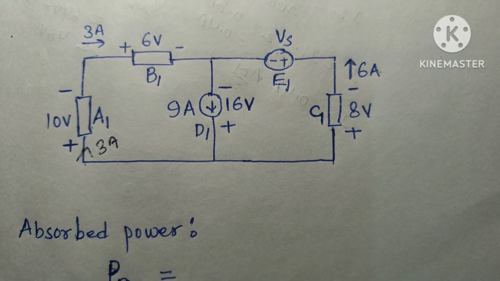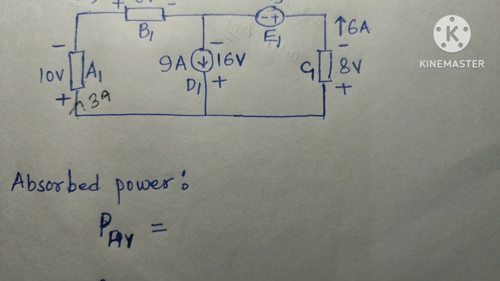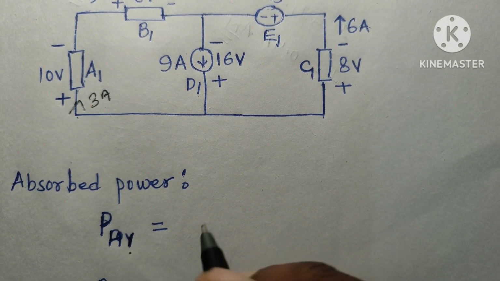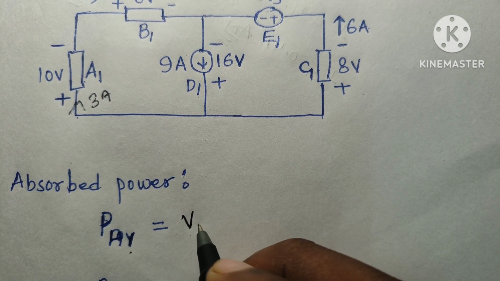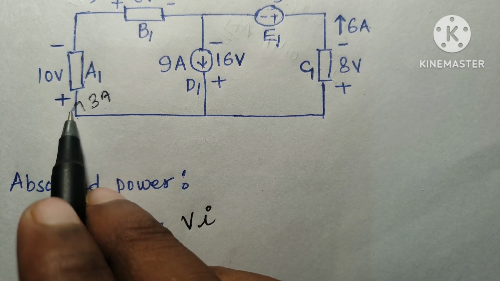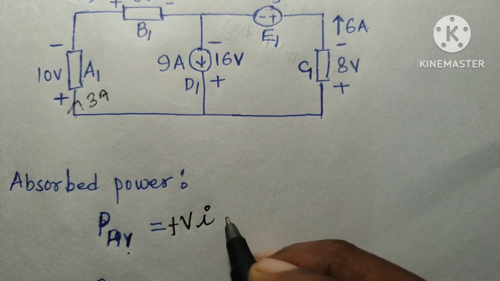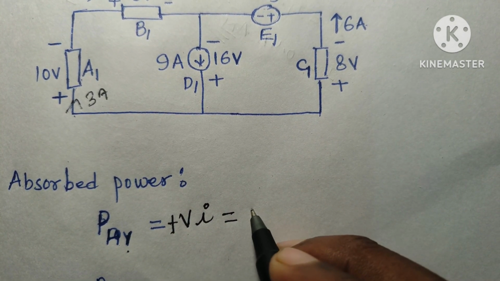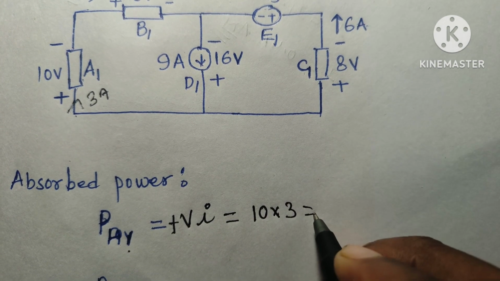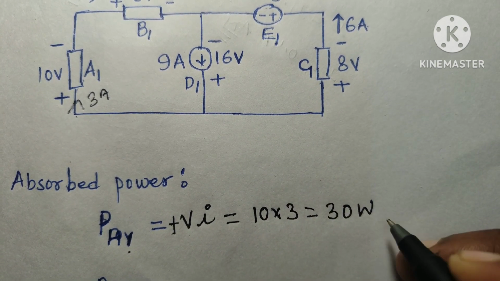So the power of A1 equals voltage into current. Since the current is entering at the positive terminal, its value will be positive. So absorbed power can be written as 10 volt into 3 ampere, which is equal to 30 watt.